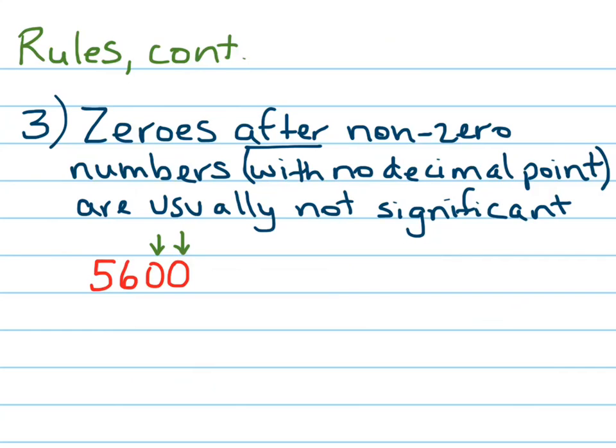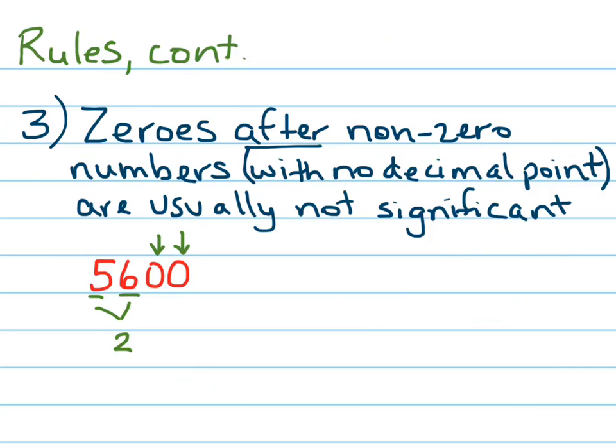So the non-zero digits in that measurement are significant because they're probably correct, but the estimated part, giving it as a rounded off number to 5,600, those zeros are probably not significant. They're probably not exact parts of the measurement. So we would say that the 5 and 6 are significant, giving us 2 significant figures.